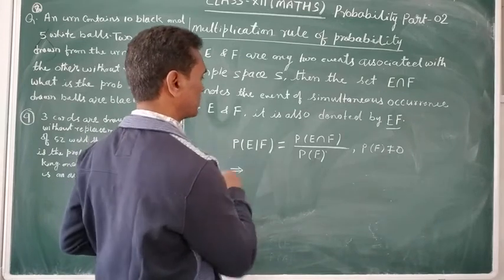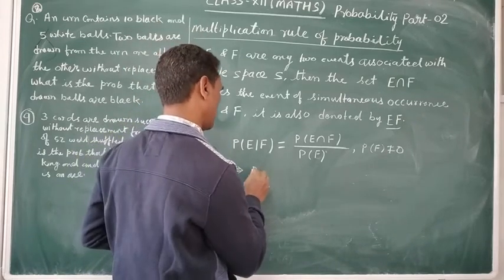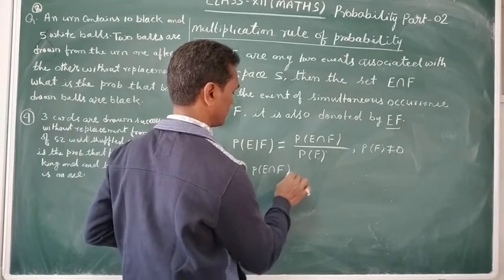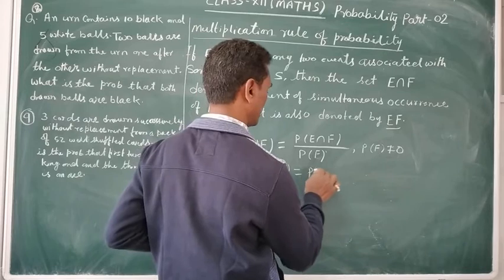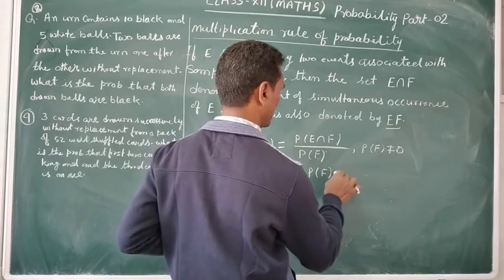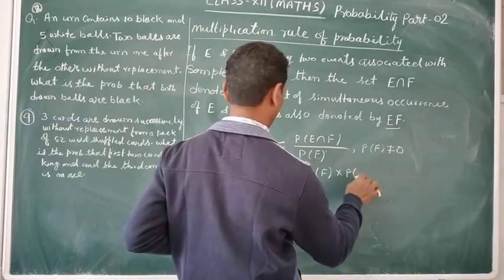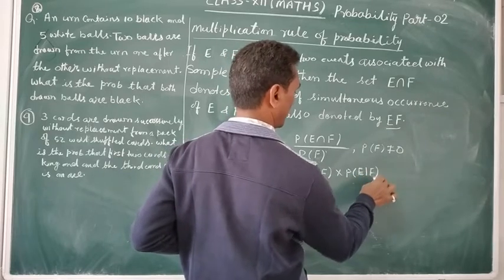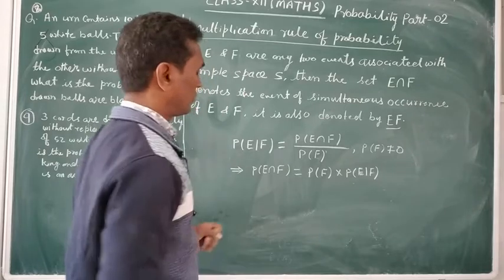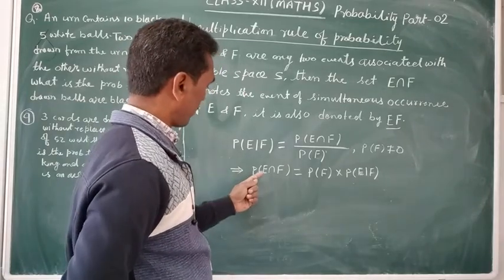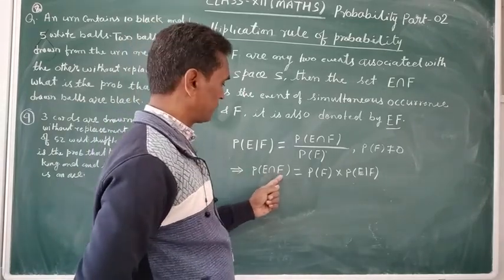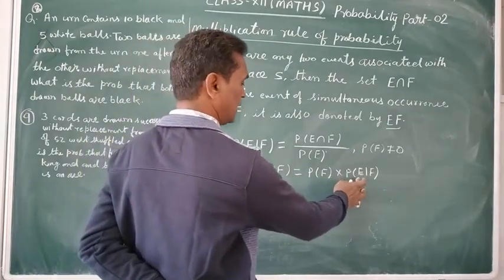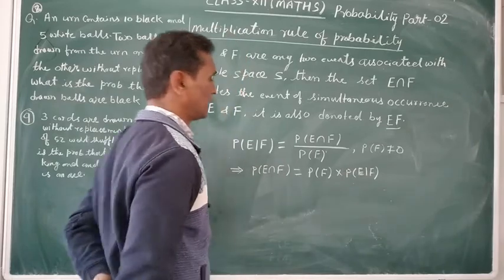By cross multiplication, P(E intersection F) is equal to P(F) into P(E|F). So we can say P(E intersection F) is equal to P(F) into P(E) when F has already occurred.